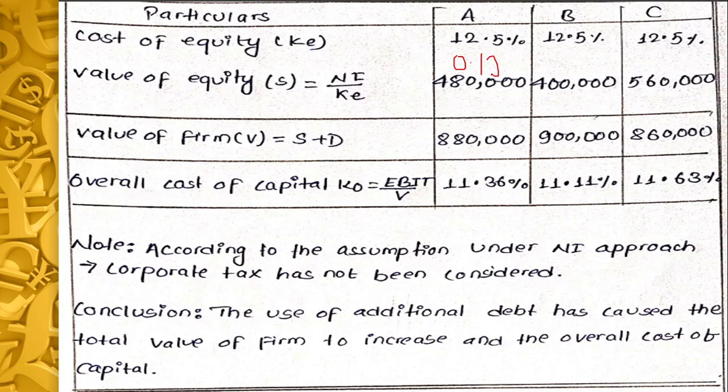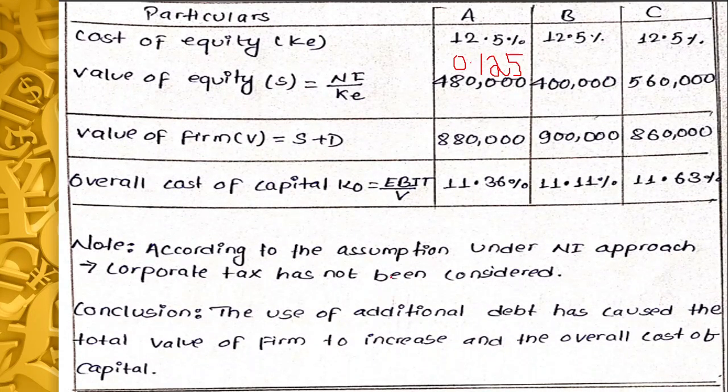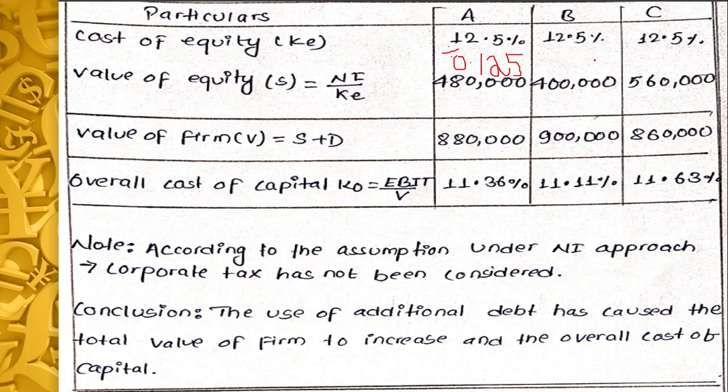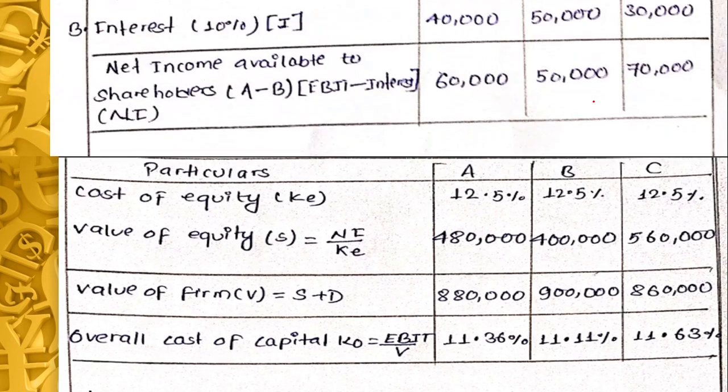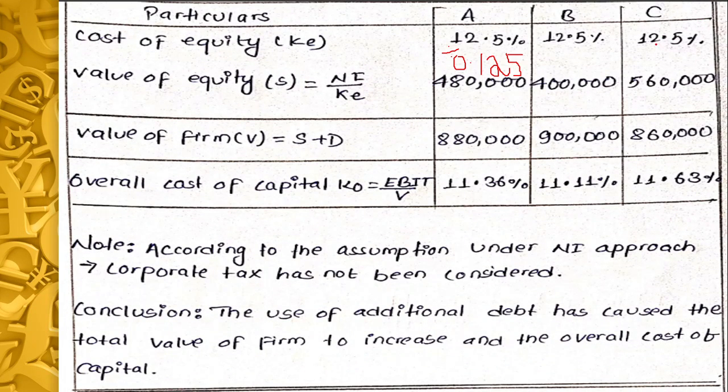The net income for the different situations is 60, 50 and 70 thousand. So, 60,000 divided by 0.125 gives 4,80,000, 50,000 divided by 0.125 gives you 4 lakh, and 70,000 divided by 0.125 gives you 5,60,000.